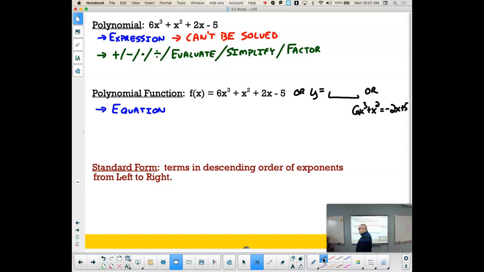Those are all examples of polynomial functions and the different ways that we can write them.